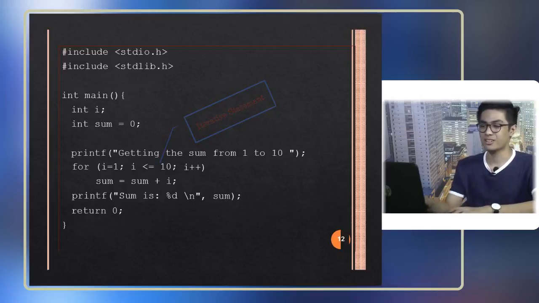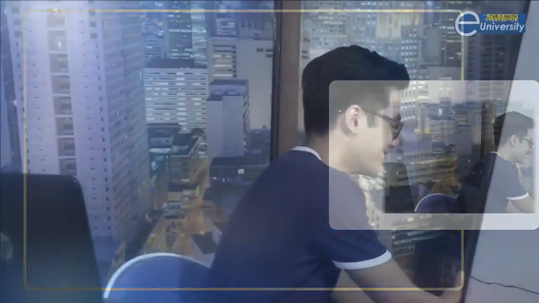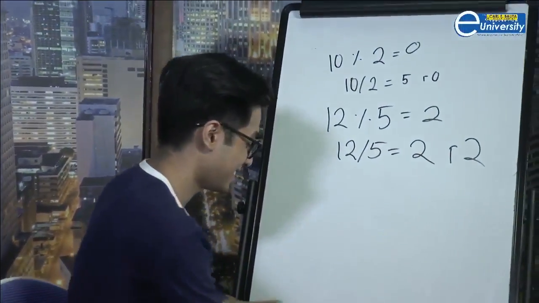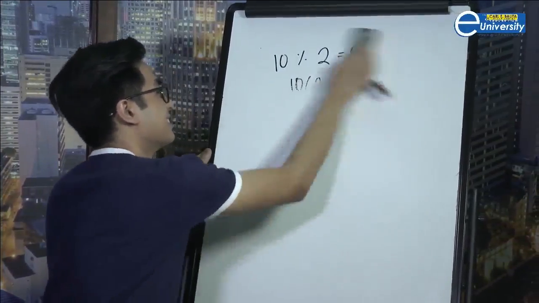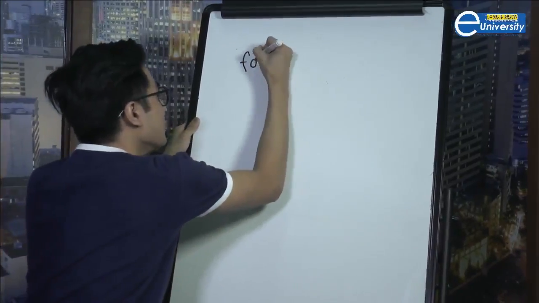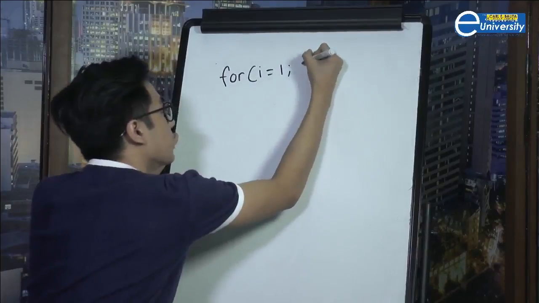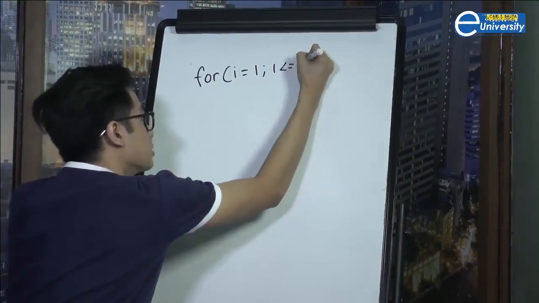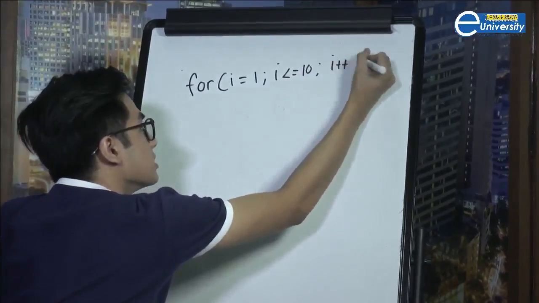Okay, so to better understand this, let us return to the whiteboard. So we have for i equals 1, i less than or equal to 10, then i plus plus.